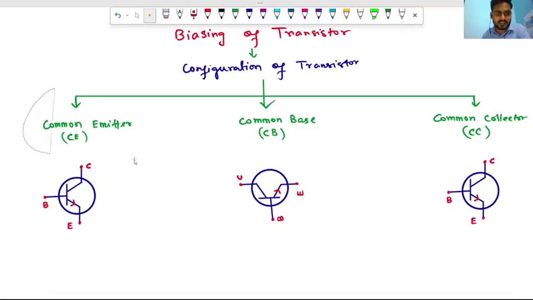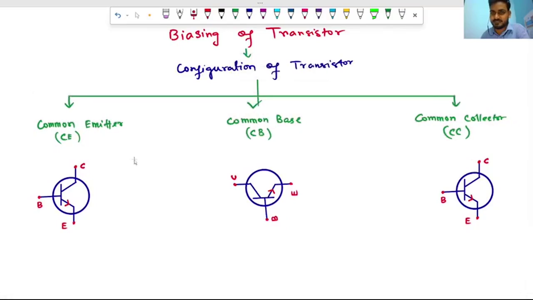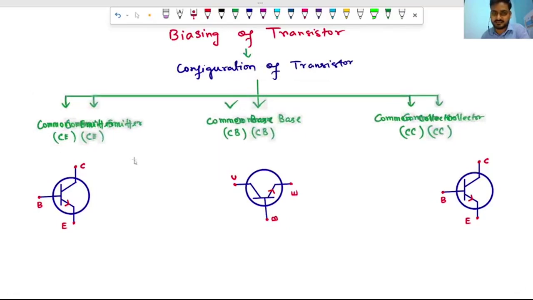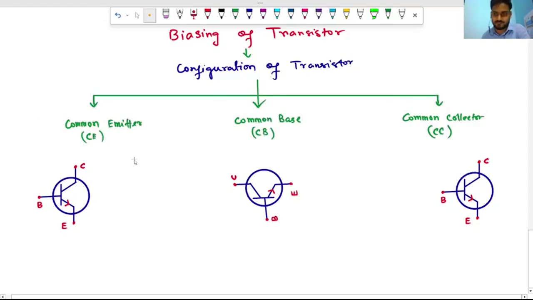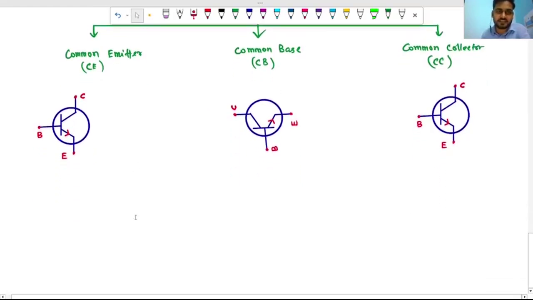It will be better if I keep the size a little less. Okay, great. So three configurations, three types of usual biasing are there. I am using black color for connecting wires.